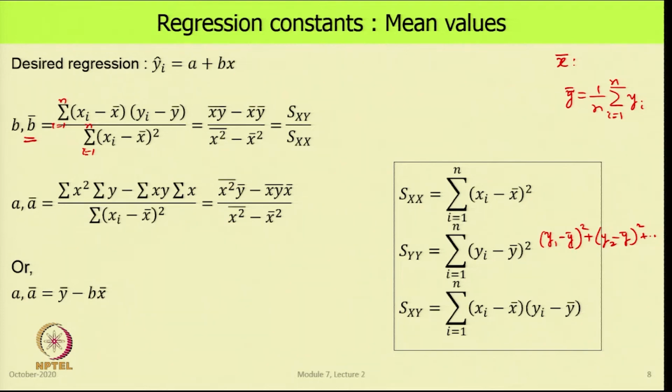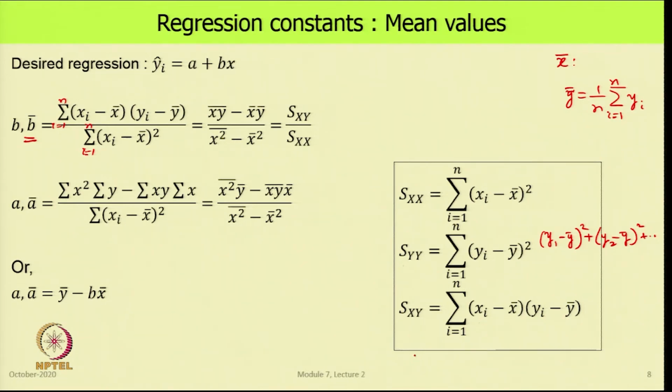So, we calculate this difference and square it. Similarly, we do it for every data point and add them up, and that is called Syy. It has the dimensions of the square of the dimension of y. Similarly, Sxx will have dimensions of the square of the dimension of x. And then we define Sxy as the summation of x i minus x bar into y i minus y bar.